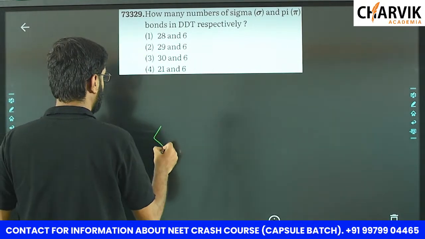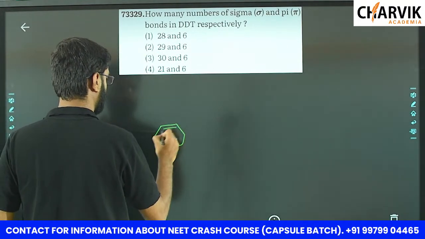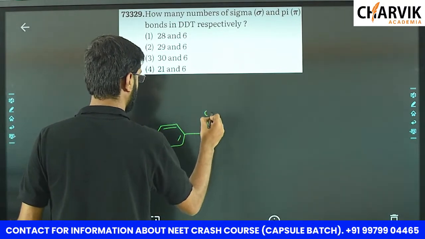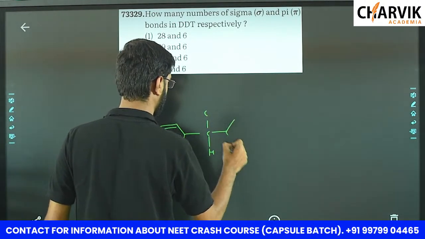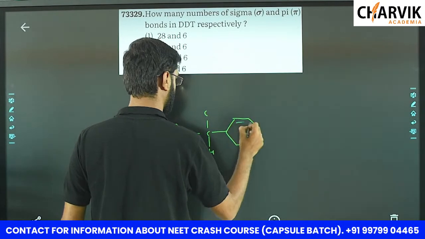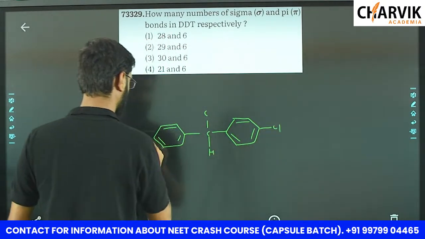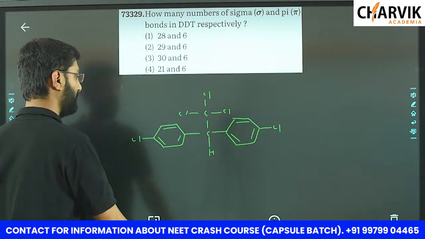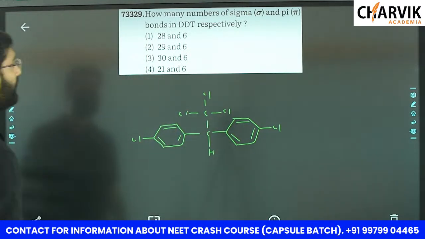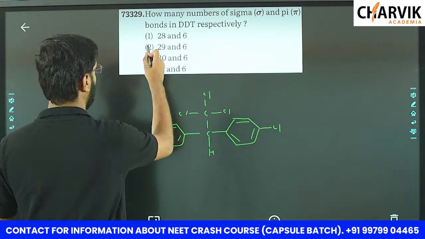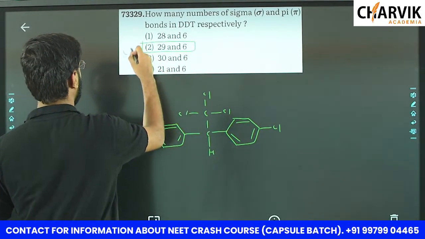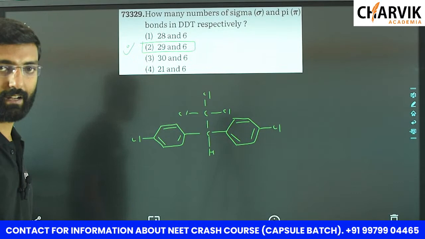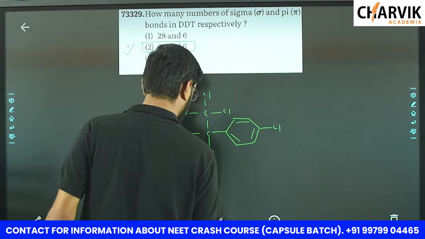For solving this question, this is the structure of DDT, and if you calculate the total number of sigma and pi bonds, then your correct option is second, 29 and 6. Then, okay.